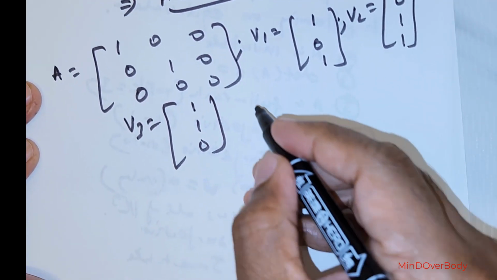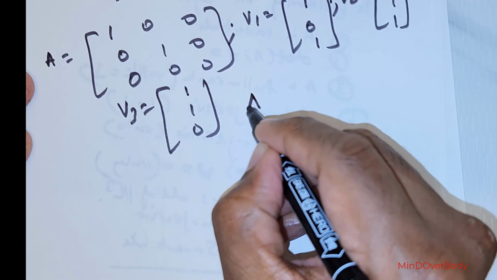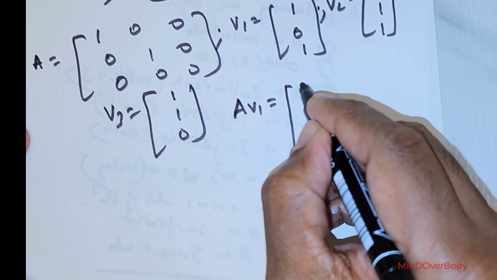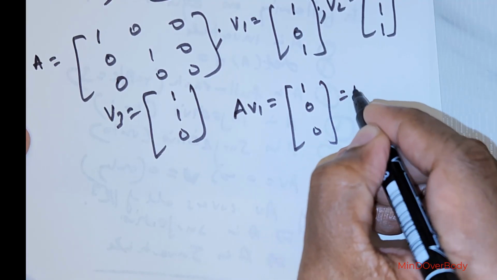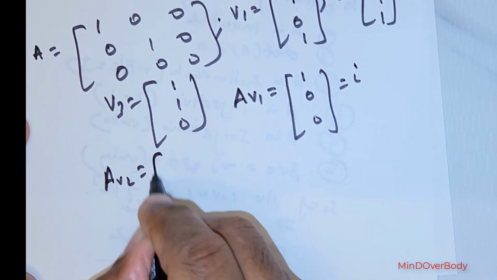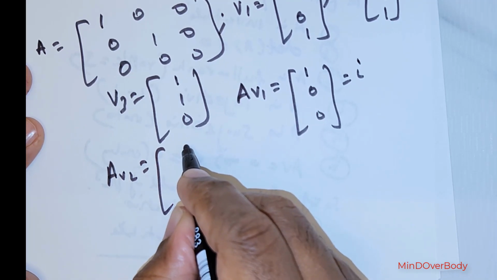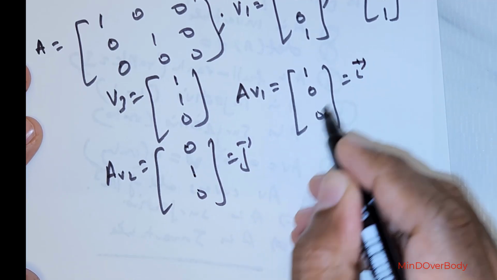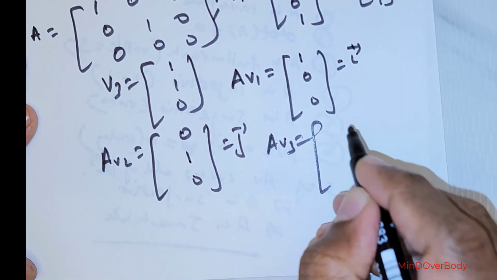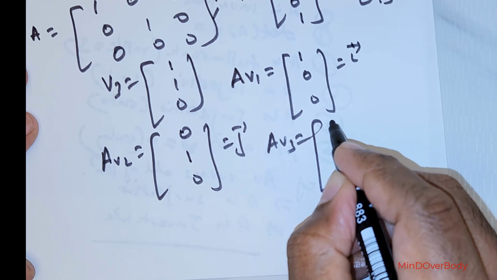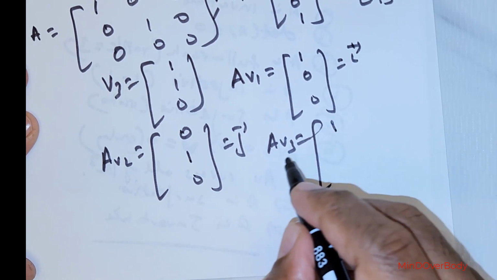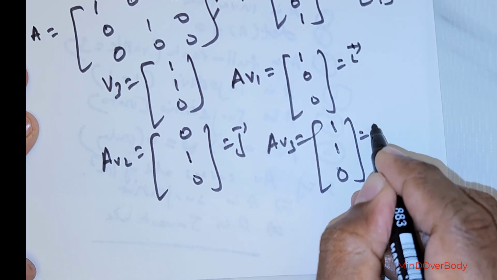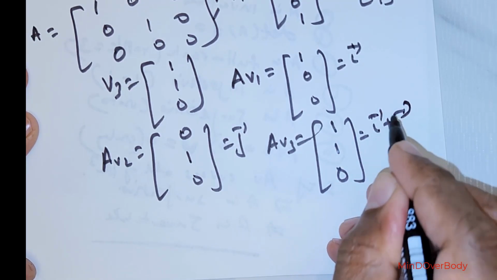Now I'm going to perform this transformation, A multiplied with v1. This is going to be (1, 0, 0), which is nothing but i. A multiplied with v2 is going to be (0, 1, 0), which is nothing but j. And Av3 is going to be (1, 1, 0), which is nothing but i vector plus j vector.